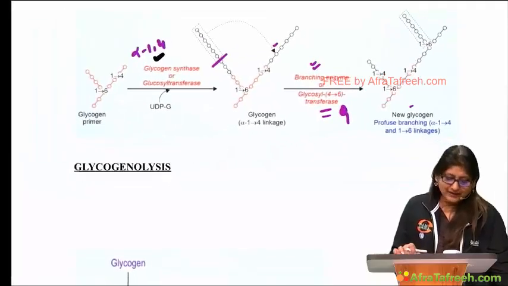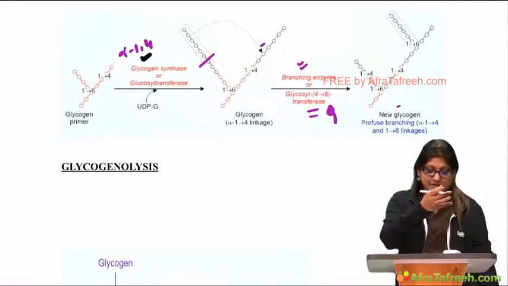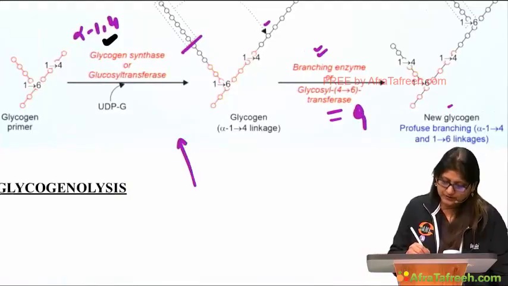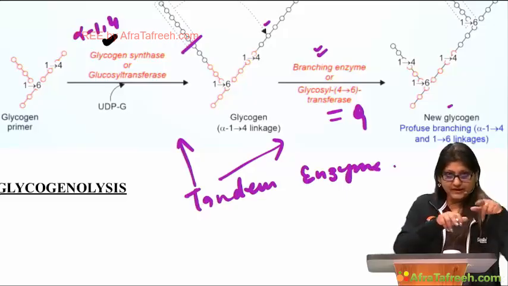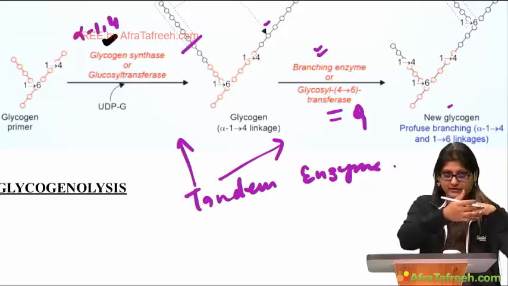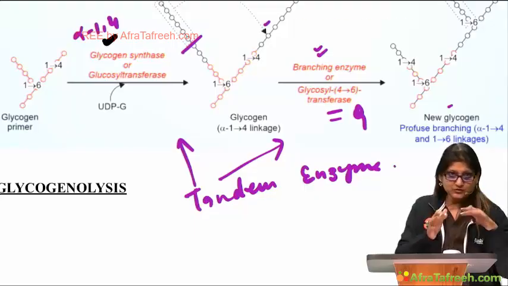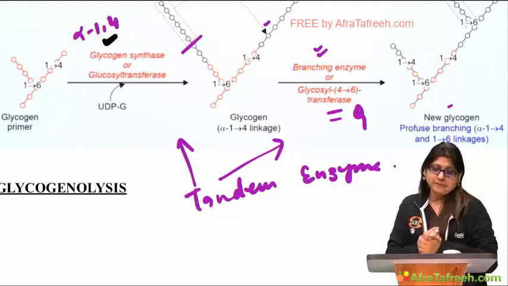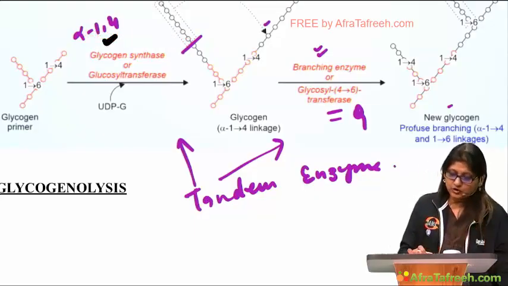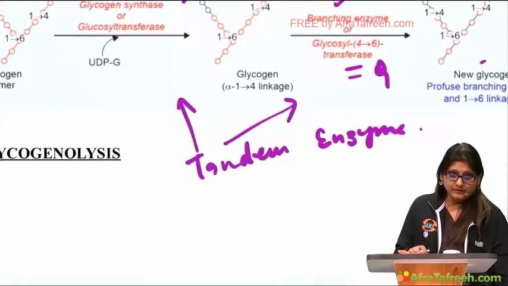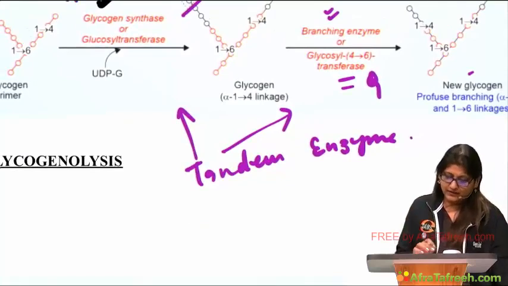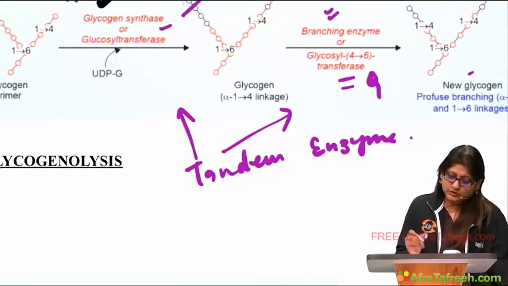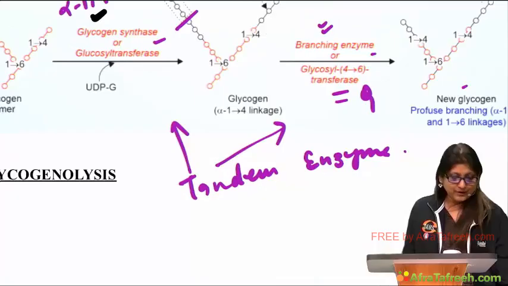Somebody was asking me about the tandem enzyme. Guys, this is a beautiful example of the tandem enzyme, right? The meaning of tandem is what? Human walk is a tandem walk. One step after another step, then first step, then second step, right? So that's a tandem activity, tandem enzyme. When you're talking about glycogenesis, you have a tandem enzyme which acts one after another, and that tandem enzyme is glycogen synthase and the branching enzyme, right?